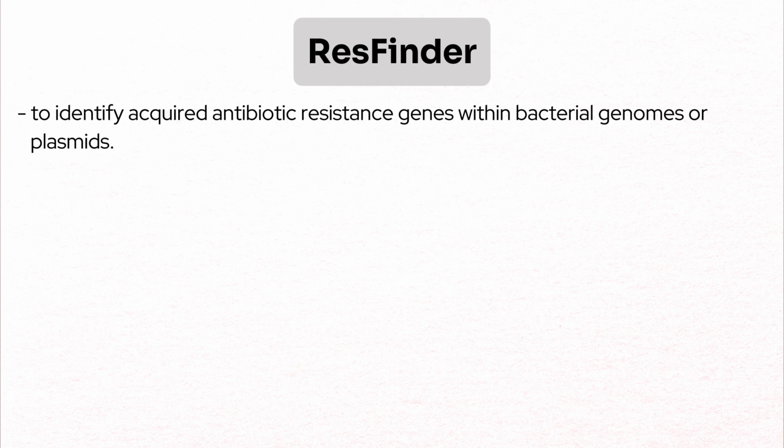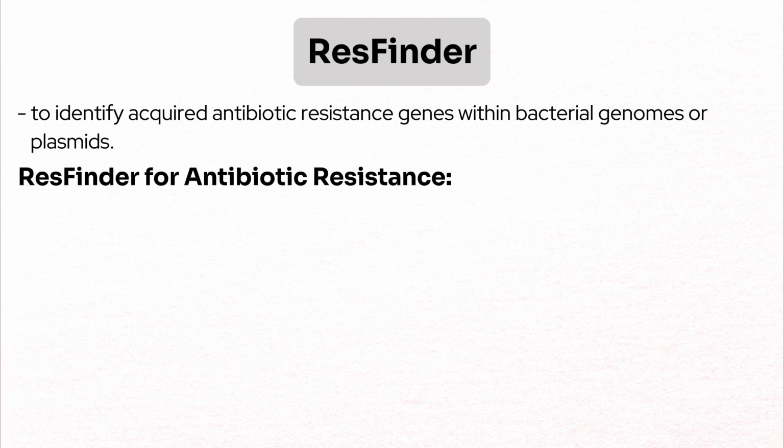After performing multilocus sequence typing, MLST, another tool commonly used in bacterial genomics and epidemiology is ResFinder. ResFinder is specifically designed to identify acquired antibiotic resistance genes within bacterial genomes or plasmids. Here's how ResFinder fits into the workflow.